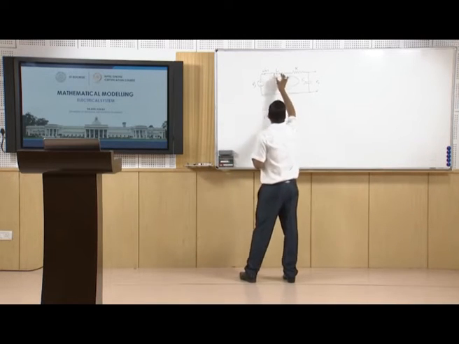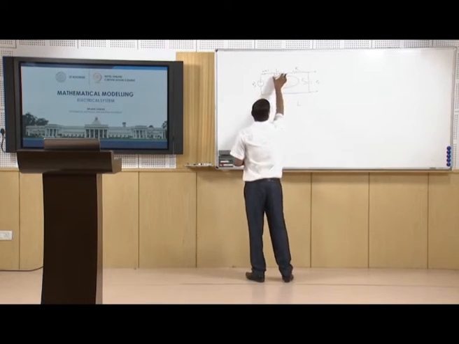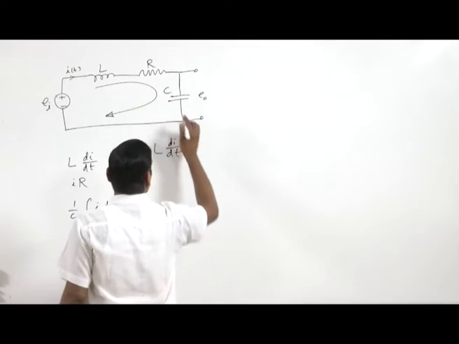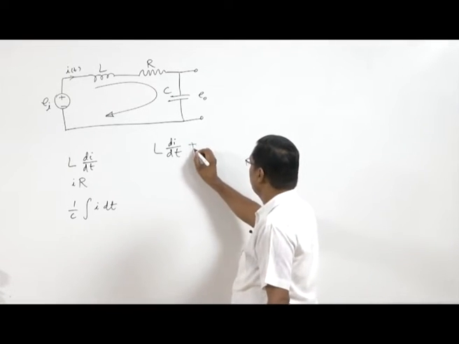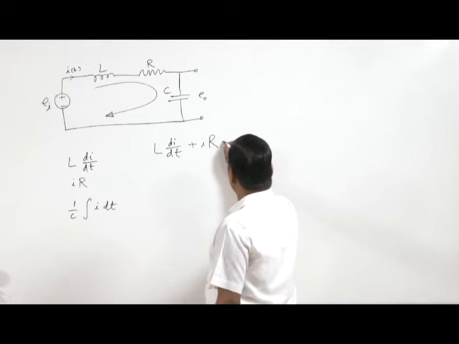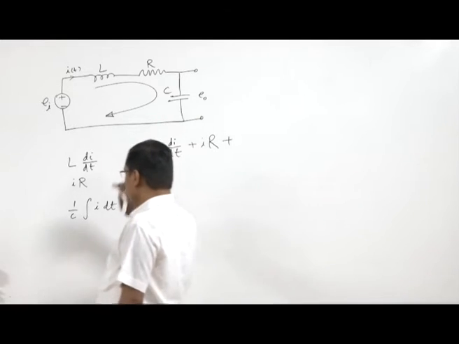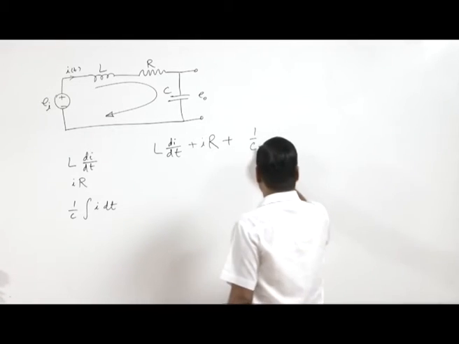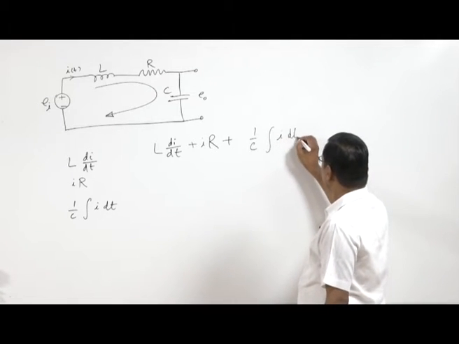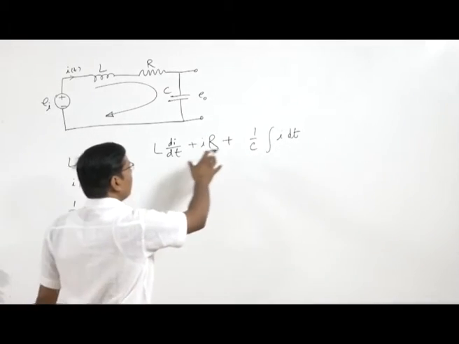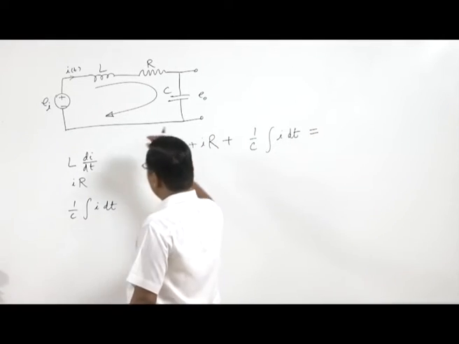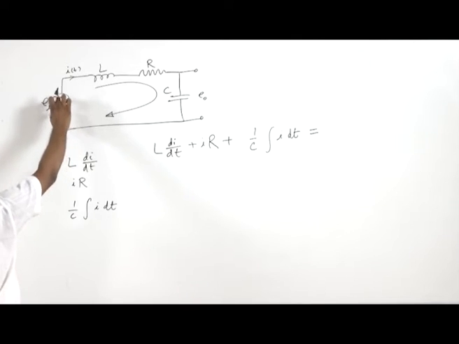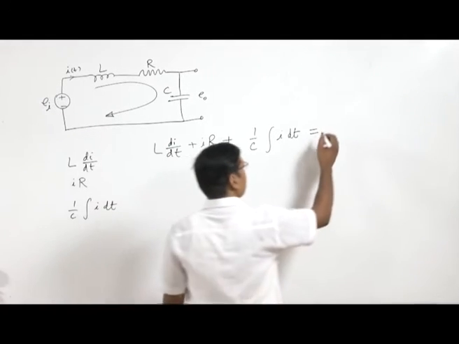The voltage drop across the inductor is L di by dt, across the resistor is iR, and across the capacitor is 1 by C integral of i dt. This is the voltage drop, and it should be equal to the voltage gain. Here this is a source, so we have a voltage gain ei(t).